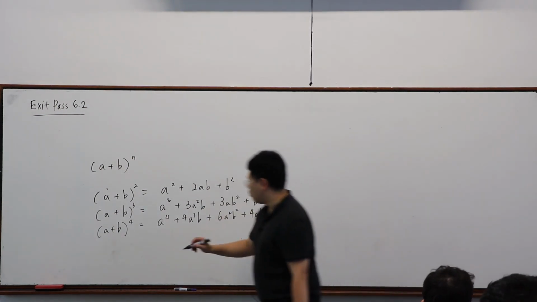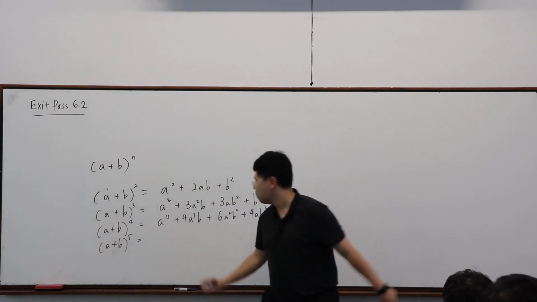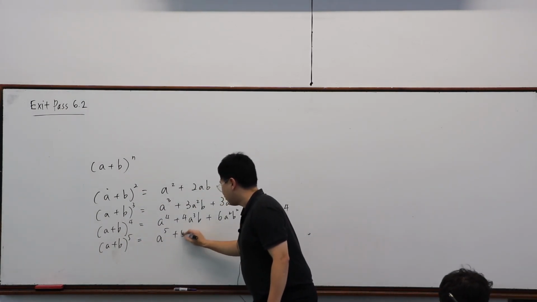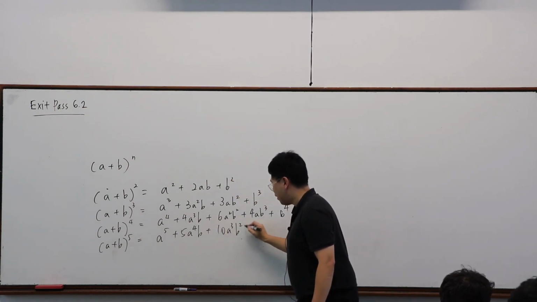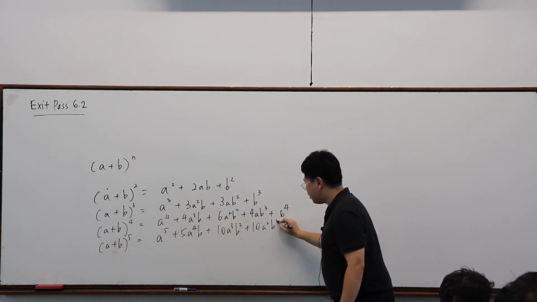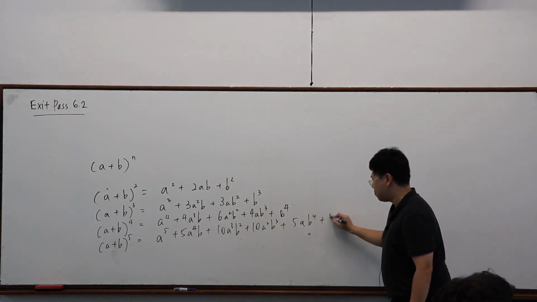If you want to go one step further, a plus b power 5, we can do this also: a power 5, plus 5a power 4 b plus 10a cube b square plus 10a square b cube plus 5ab power 4 plus b power 5.